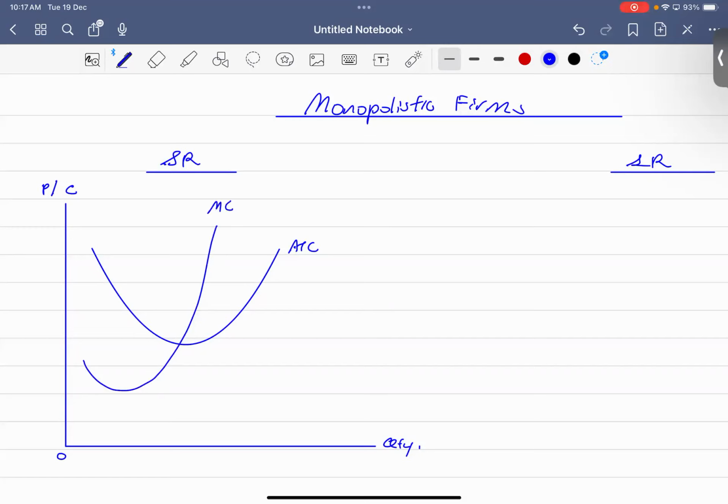Then after that, you draw your demand curve, just like how you draw it for monopoly firms. This is your price, which is your demand curve, which is your average revenue curve.